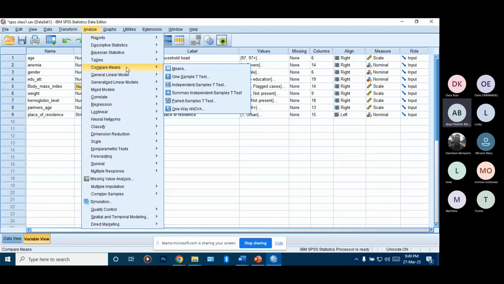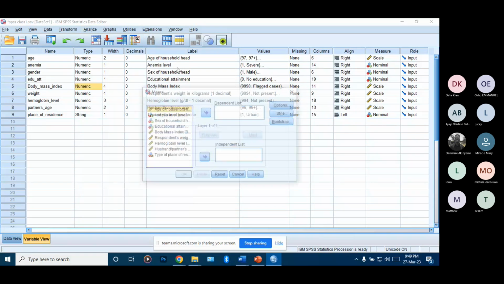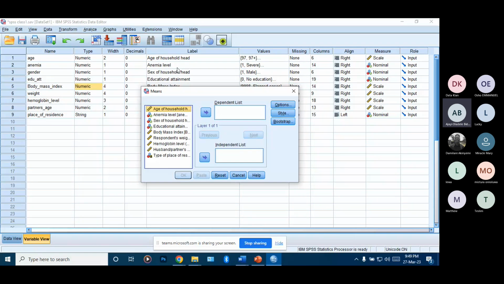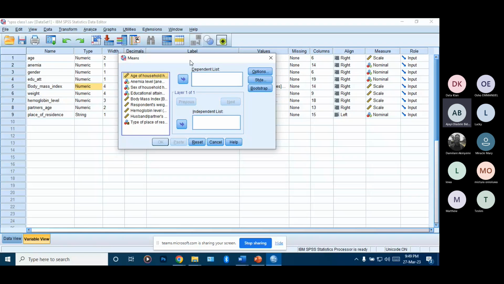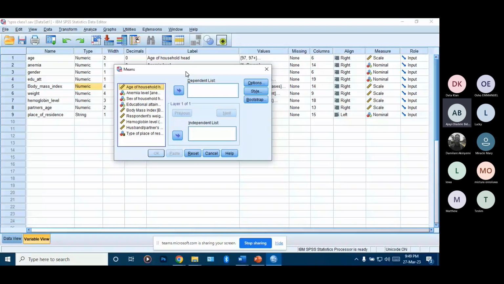Now, the very first thing here is for us to compare means. I click on analyze, compare means, and I go to means. In the dialog box that pops up, remember, we need a continuous variable as our dependent list.